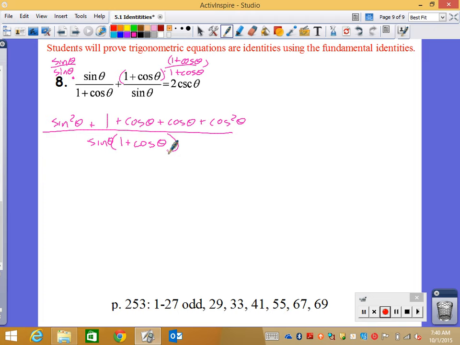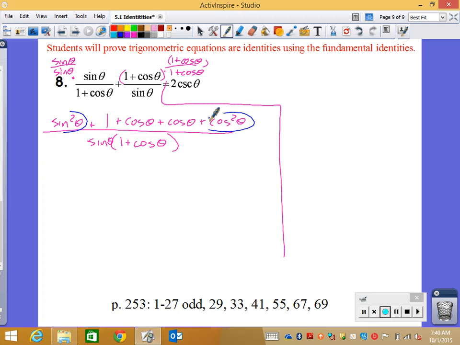Now I kind of did 2 steps in one there. Remember what I did is multiplied by the opposite denominator in order to make common denominator, sine times 1 plus cosine. Then I also FOILed this out. I FOILed 1 plus cosine times 1 plus cosine. Make my line here. So let's see what I have here. You'll notice that I have a sine theta, so sine squared theta, plus a cosine squared theta.